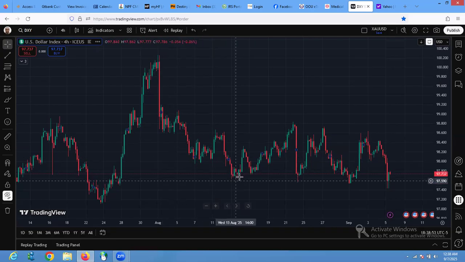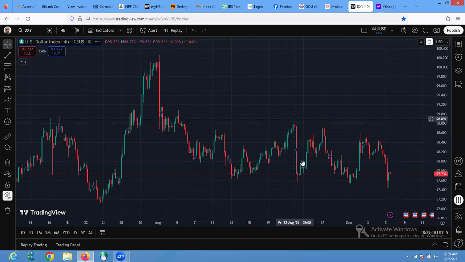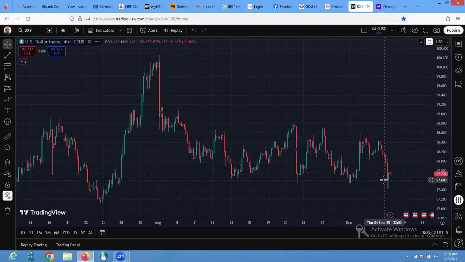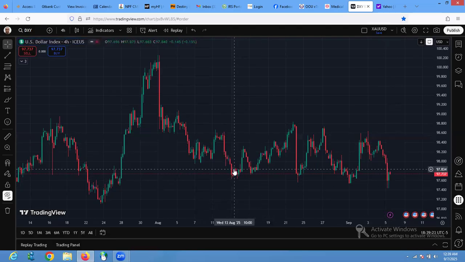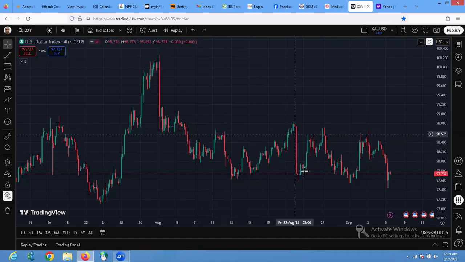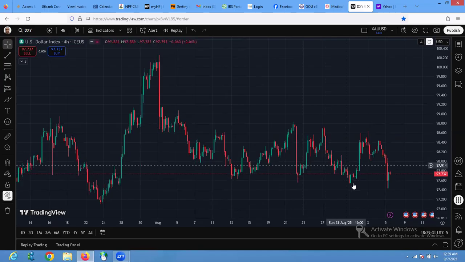So the first move now, if we are going to see within this, to me, we can even take this one to be 1, but you can say it is 1, 2, 3, 4, 5, 6, 7, 8 to the downside. So 8 to the downside. That's what I can see here in this kind of move. Let me show us again. After this low, this can be 1, 2, 3, 4, 5, 6, 7.